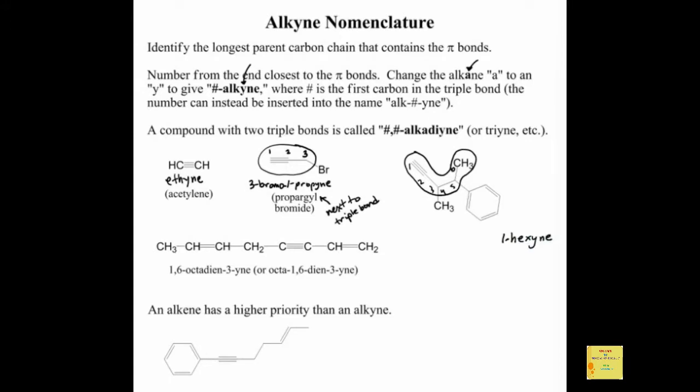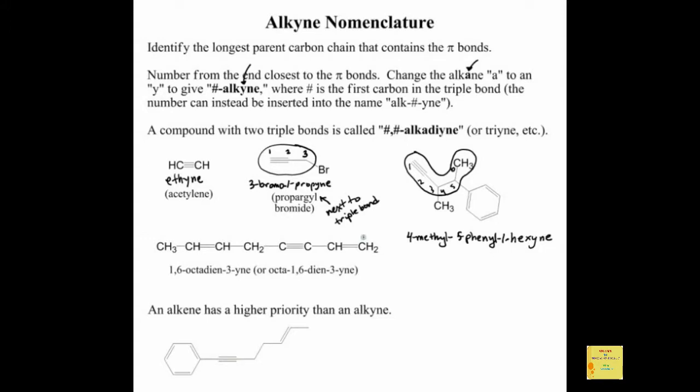And what else do we have? We have a methyl and we have a phenyl. So which comes first? LMNOP. Methyl comes first. So we have a 4-methyl and a 5-phenyl. So that's our hexyne.